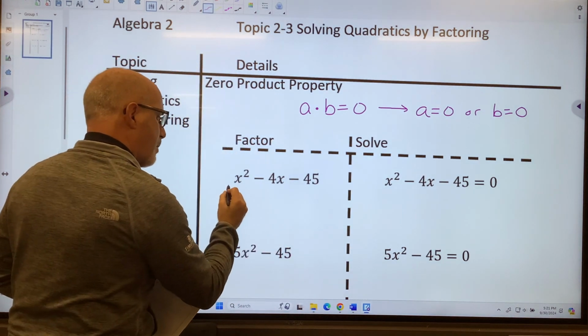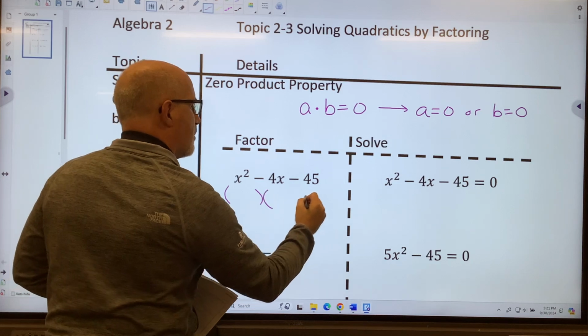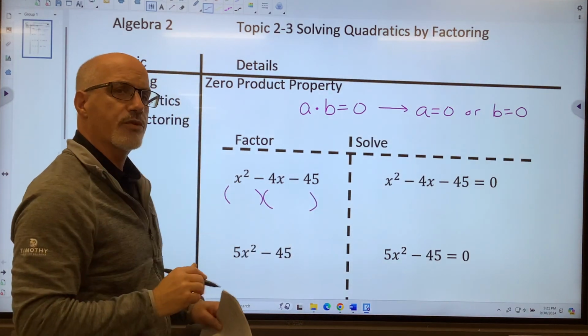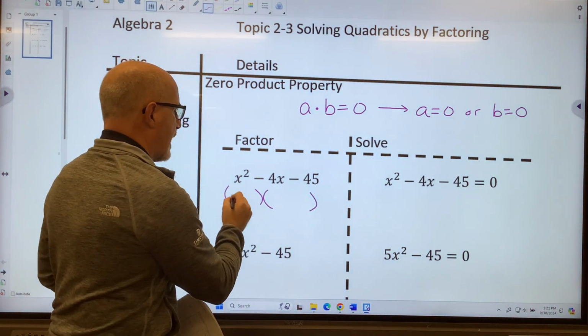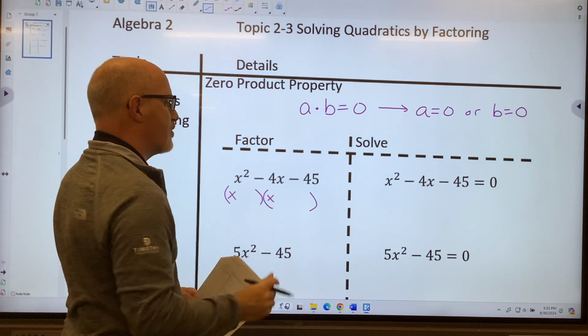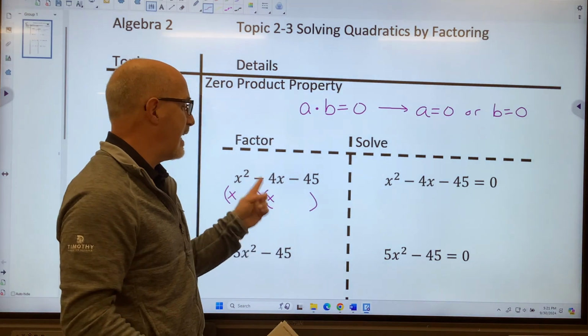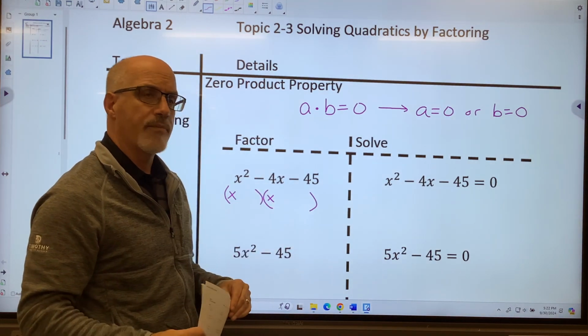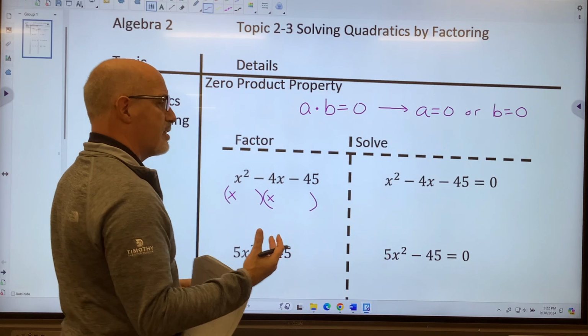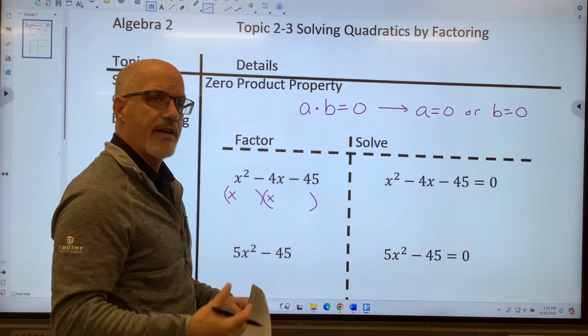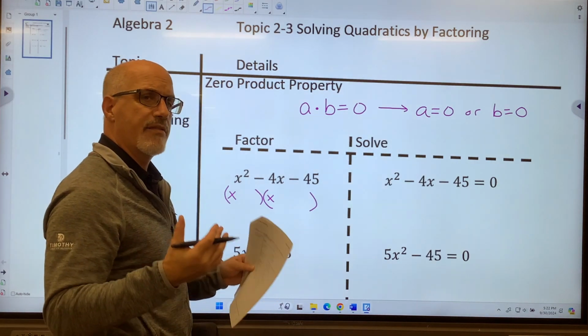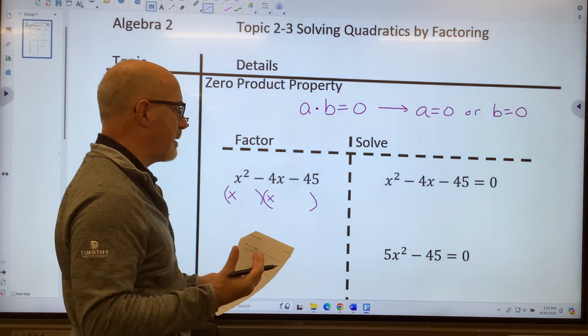So just as a reminder for factoring this one, because the leading coefficient is equal to 1, I'm going to use my x and x, and then I'm looking for two numbers that multiply together give me negative 45 and add together give me negative 4. Well, if you think about my options, I've got 45 times 1, one of them has to be negative, 15 times 3, one of them has to be negative.